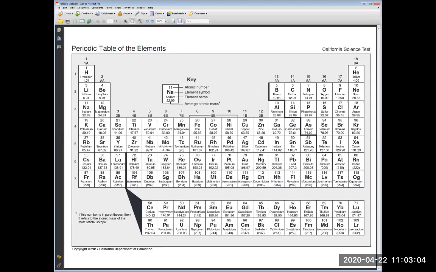The group numbers I use are those 1A, 2A, 3B, 4B, 5B, etc. And then to the right, 3A, 4A, up to 8A. I use those group numbers to talk about columns, right? Groups are columns. And so alkaline earth metals are in group 2A. And it's asking you the alkaline earth metal in group 2A, period 3.